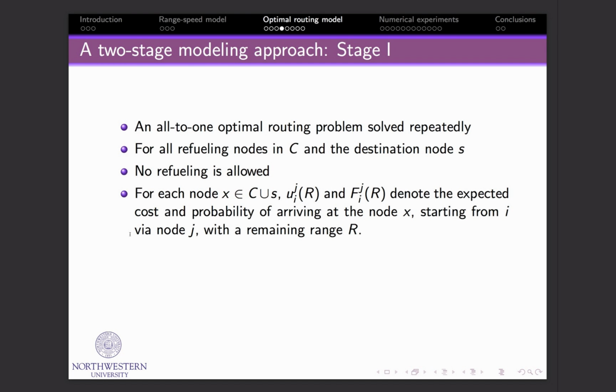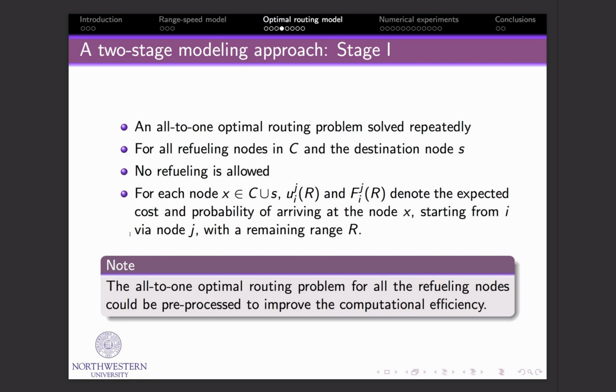And for each refueling node or the destination node, we use mu ijr and fijr to denote the expected cost and the probability of arriving at the node S, starting from I while node J has the remaining range R. The updating process starts backwards from the destination to the origin. And we note that the updating process will terminate immediately if the probability threshold is not satisfied.